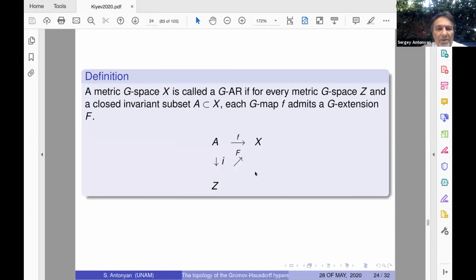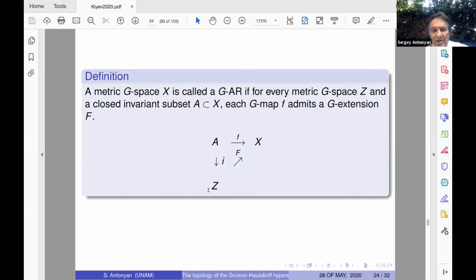Then I will recall what an equivariant absolute retract means. An equivariant absolute retract is a space X which satisfies the property of the Urysohn-Tietze extension theorem, but in the category of G-spaces.